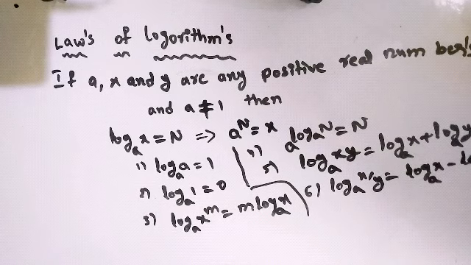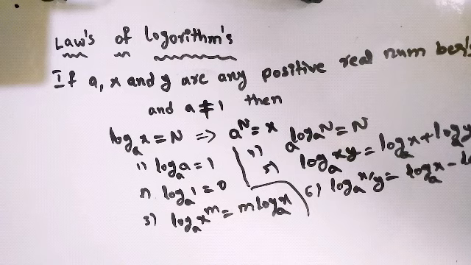Getting my point? So log base a of a is equal to 1, log base a of 1 is equal to 0, log x power m equal to m log x, a to the power of log base a of n is equal to n. And in case multiplication is there, log x into y is equal to log x plus log y. In case division is there, then log base a of x by y is equal to log base a of x minus log base a of y.